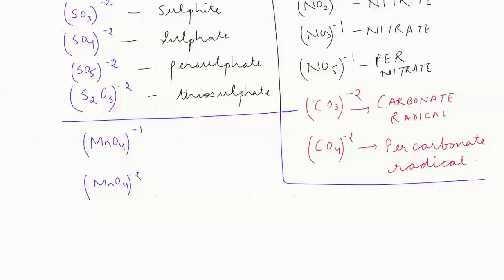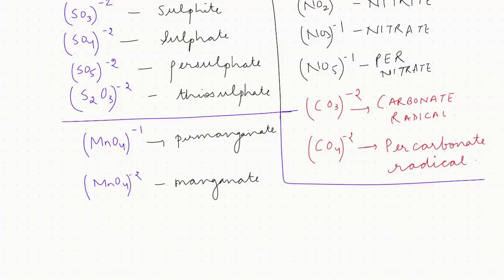So MnO4 minus 2 would be called what? Manganate. And this would be called permanganate. This shall be called permanganate, and this is manganate.